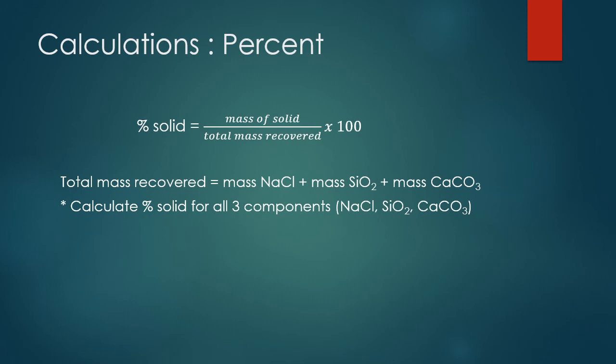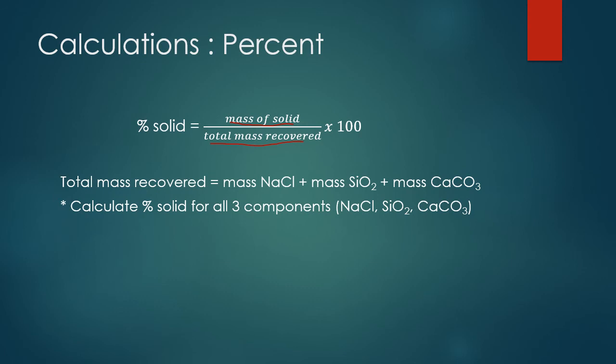So in order to figure out the percent recovered of each solid, we need to know the total mass recovered. So using this equation, for the mass of the solid, you're going to plug in whatever the mass of that component is that you're trying to calculate. The total mass recovered is going to be the same in each of these calculations. So for the total mass recovered, you're going to go back to page 39.